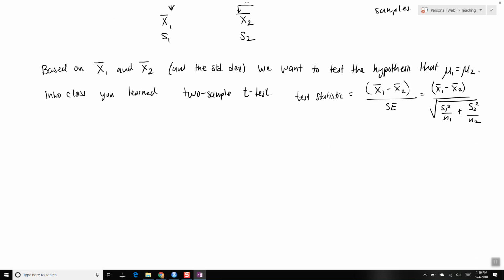Recall the normal distribution, your z, is supposed to look like that. If I impose a t-distribution on top of it, what would that look like?